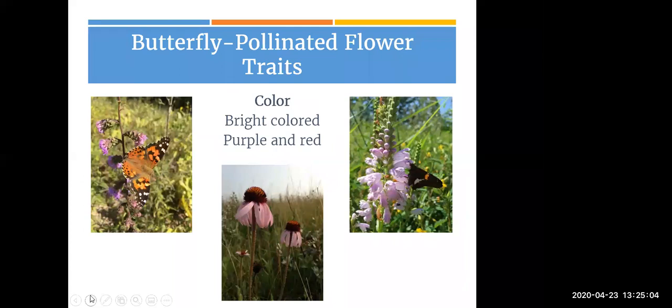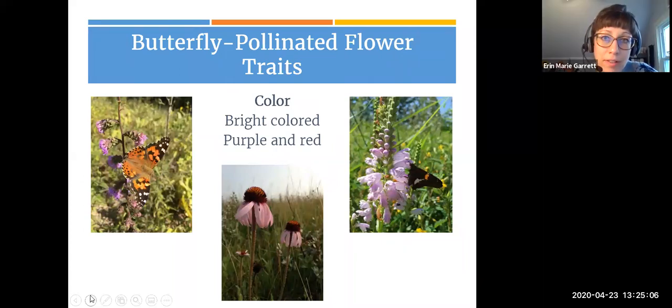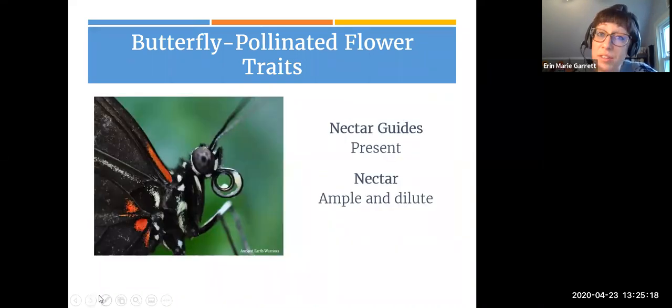Okay, when it comes to color, again, we've seen butterflies on every different color flower that we have in our garden, right? But some of the research shows purple and red are their preferences that they're going to prefer to visit. They also use nectar guides, just like our bees.